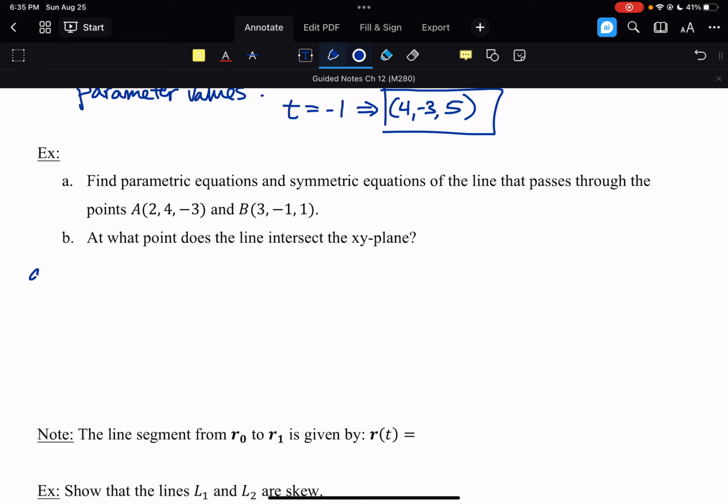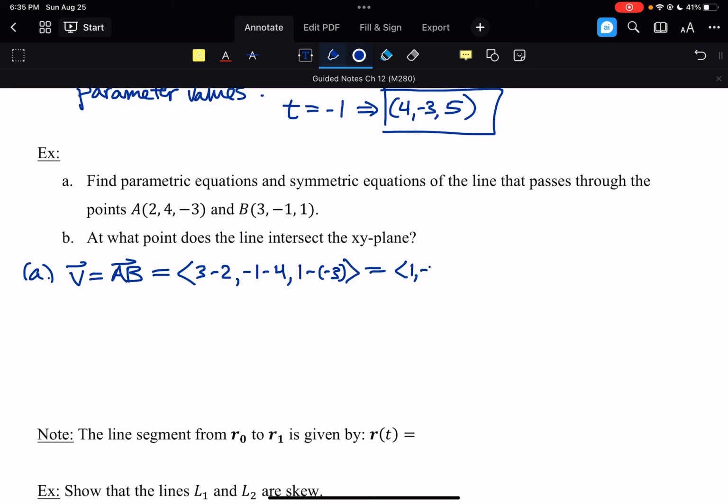So to do that, all we have to go off of are these 2 points, but we can create a vector between any 2 points that we want. So we're going to create the vector AB, and hopefully you remember how to do that, but you take terminal minus initial. So we're going to get 3 minus 2, comma, negative 1 minus 4, comma, 1 minus negative 3.